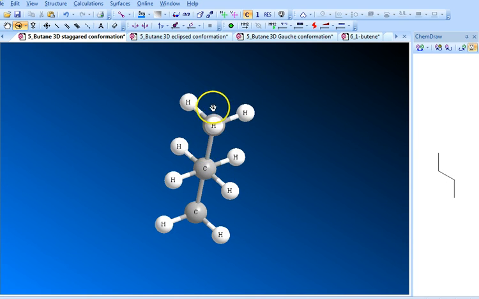Now this methyl group and this methyl group are exactly opposite of this center, and that is the reason why this is called anti-conformation. It's a staggered conformation, but because the methyl groups are opposite to each other, it's called anti. Some people call it anti-staggered conformation. I think in the notes I have used anti-staggered conformation, but it is simply called anti-conformation.